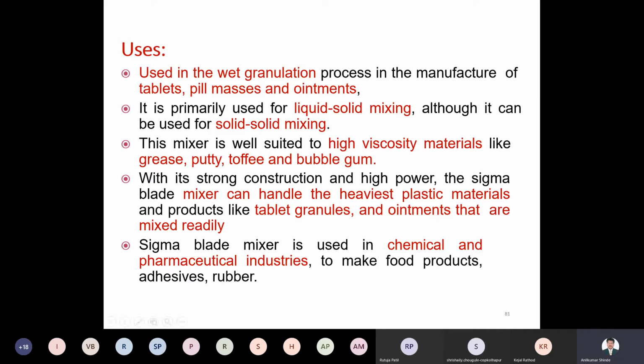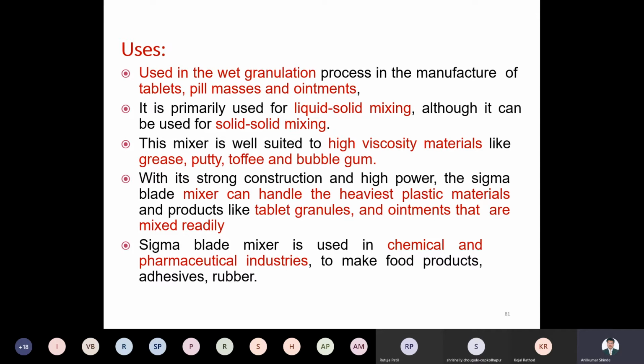If you want to prepare different greasy material, some of the putty is there. As you know, putty is used for application on the walls to make the wall uniform. So this putty should be mixed into the water uniformly, and then you can apply it to the wall. So the mixing is very important. Toffee, if you want to prepare toffees, contains different materials, maybe sugar, different binders, different flavoring agents.